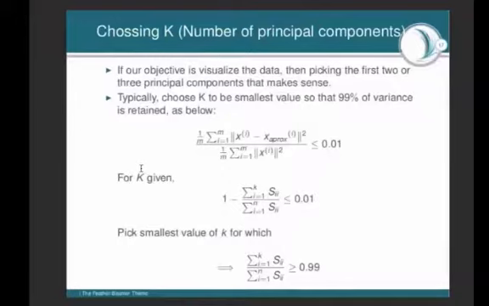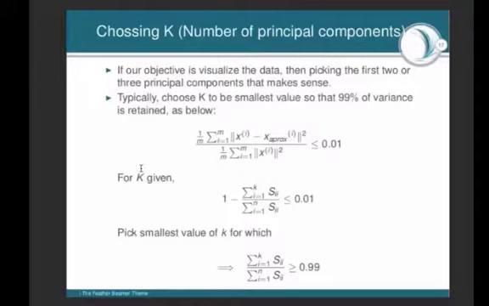Choosing K, the number of principal components. If our objective is to visualize the data, then picking the first two or the first three principal components makes sense.